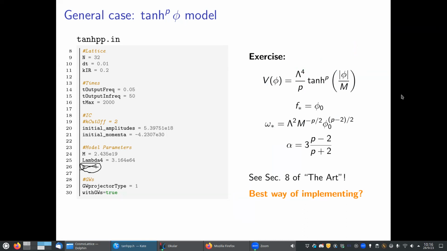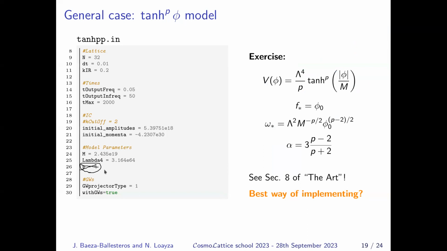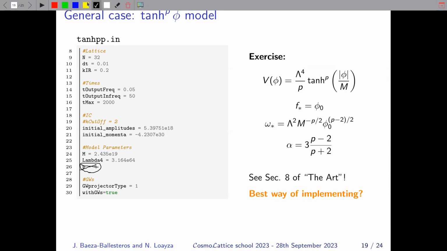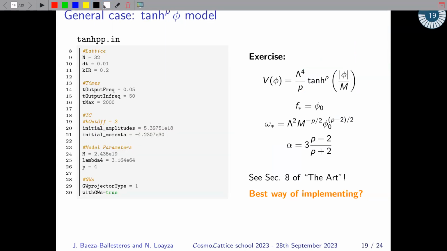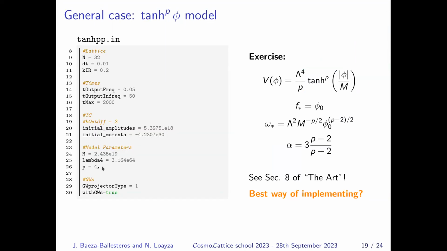Each of them has a different advantage, but I think that one is better than the other. Doing the implementation with a parameter rather than using a hard-coded constant means that it's very easy to change the result. If instead of using 4, I want to do a model with 2, I could just change my parameter and write 2.